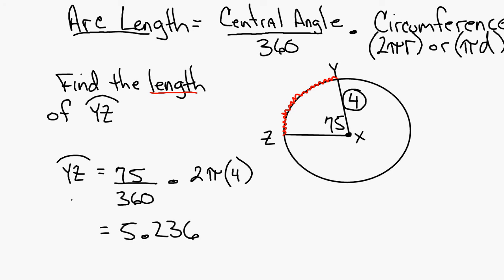Make sure you plug that in your calculator to see if you get the same number. You get that, Andrew? And does everybody see where those numbers came from? Central angle divided by 360 times 2 times pi times the radius.